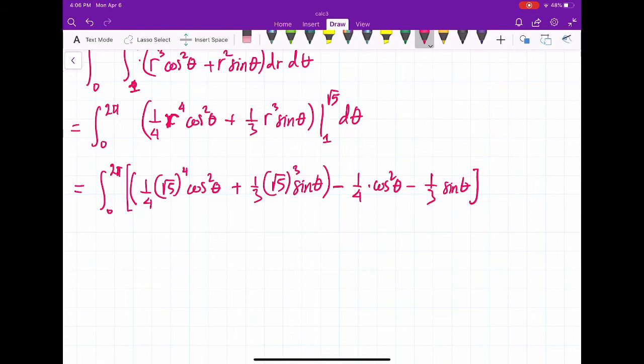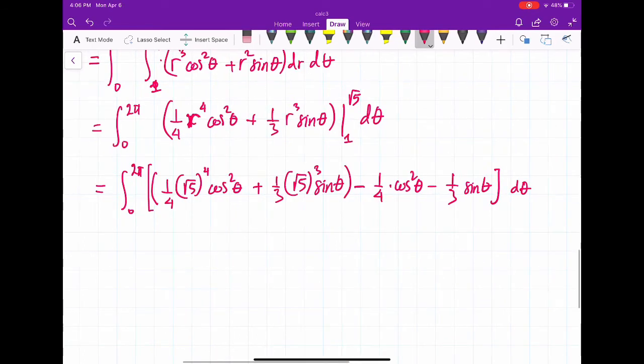Because at 1, r cubed and r to the fourth are just 1, so I don't write it. Okay, so once you simplify this, you get the following.